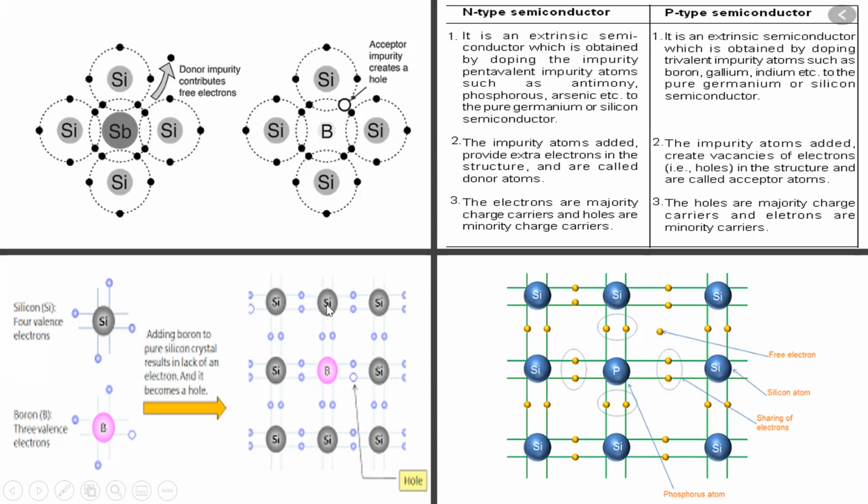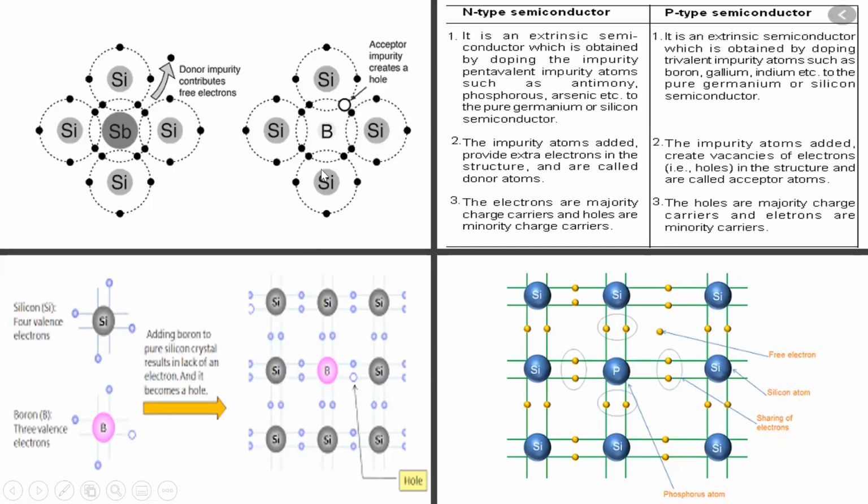So as I told before, silicon atoms have 4 valence electrons and they share the 4 valence electrons with their neighboring atoms, and their octet is complete. Now suppose we are adding a trivalent impurity like boron, gallium, indium, etc. Here we have shown a boron, which is a trivalent impurity having 3 valence electrons.